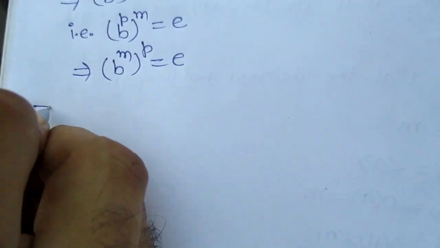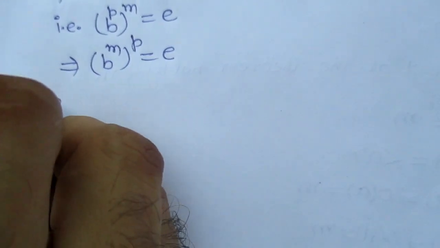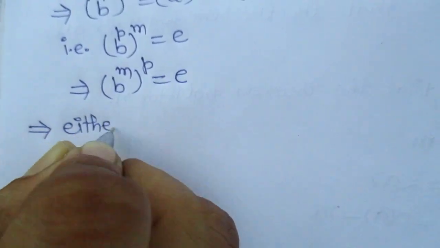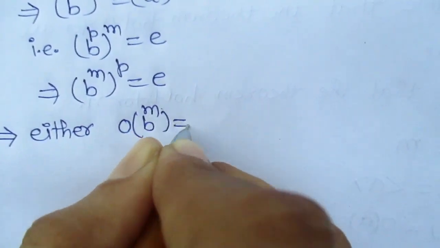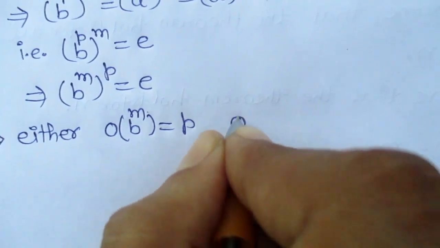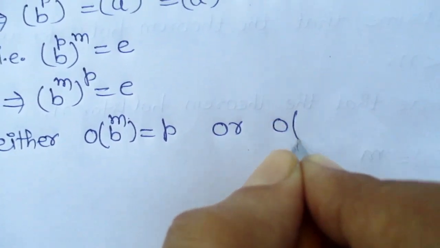Either order of b raised to power m is equal to p, or order of b raised to power m is equal to 1. ये दोनों में से एक केस होगा.